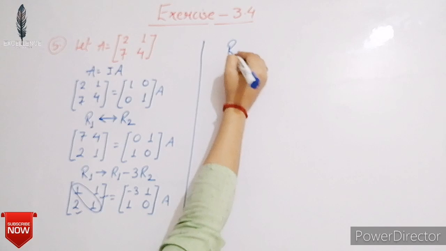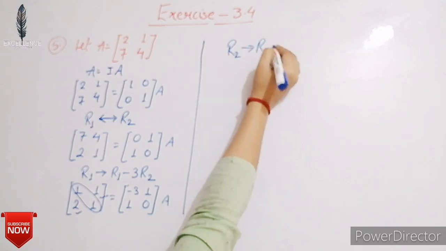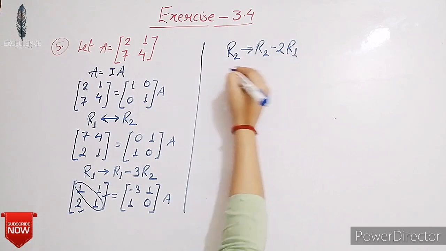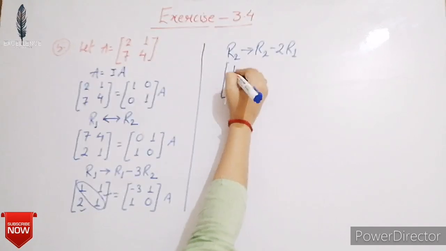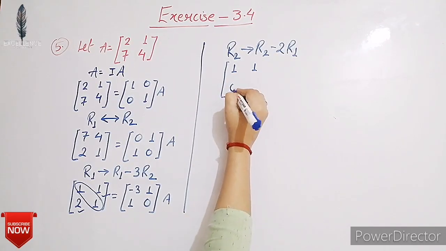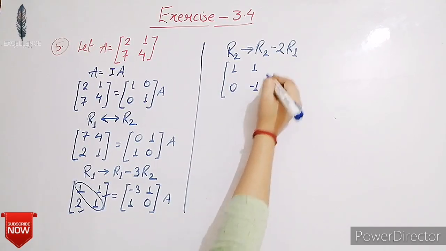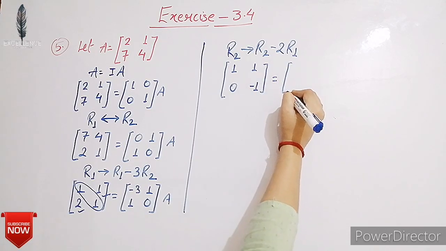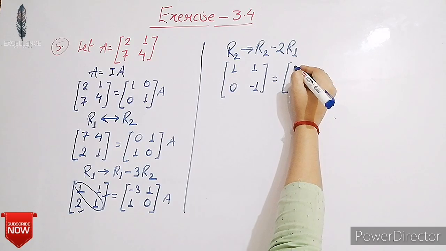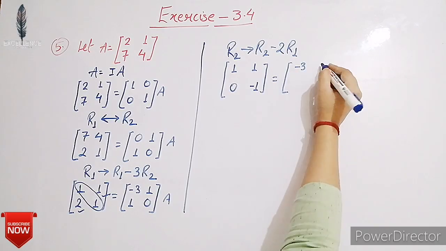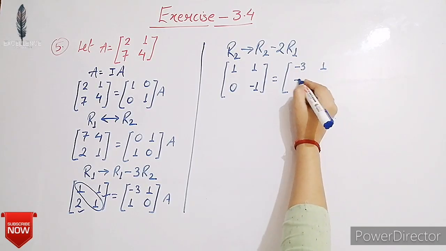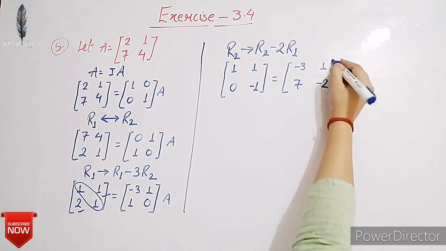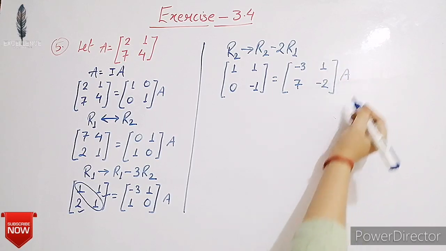So let's apply R2 is such that R2 minus 2R1, then we get 1, 1, it is 0 and minus 1 is equal to, here R1 is same, that is minus 3, 1 and R2 becomes 7 minus 2, A.